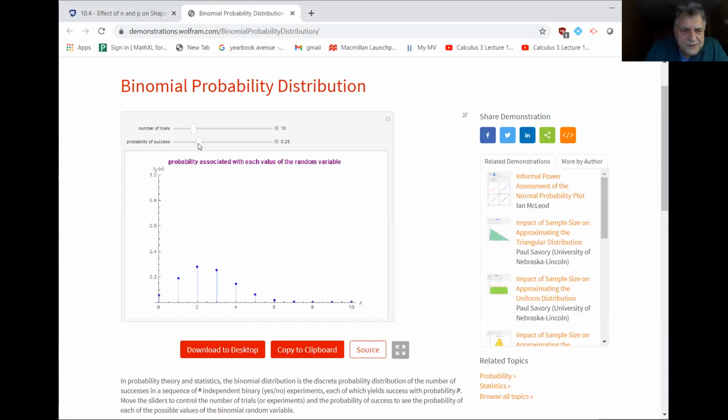Okay, this isn't going to be very exact here. What's wrong here? I want to have p be 0.1 and n be like 20 or something. Shoot, it doesn't work.